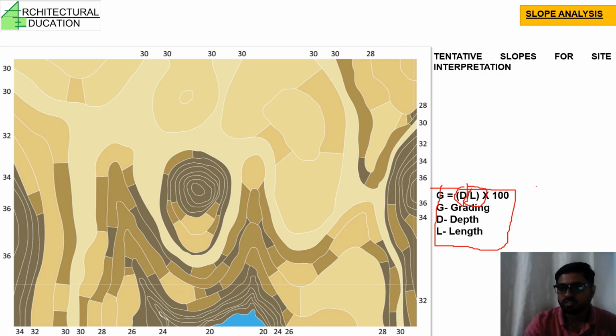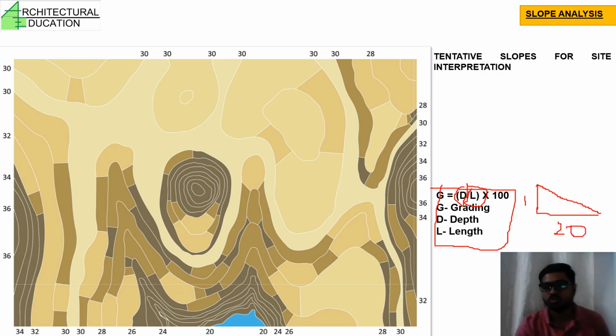Any slope can be seen as having a depth and a length, which form a triangle. For example, this is 1 and this is 20 meters, so the gradient is around 1 is to 20. Here we are taking 1 is to 20, for example. Now here G is equal to D by L into 100.